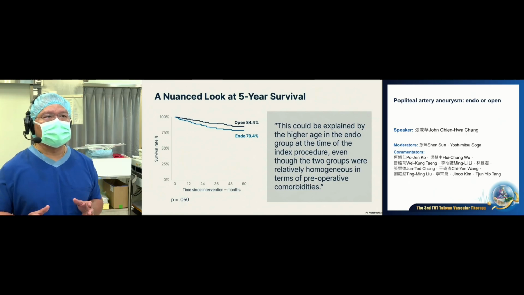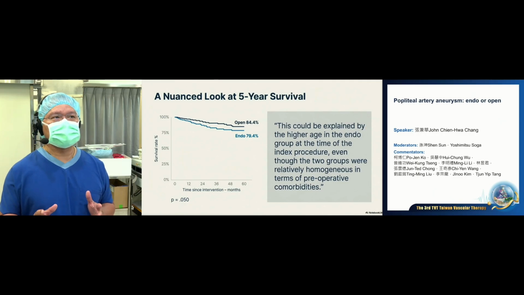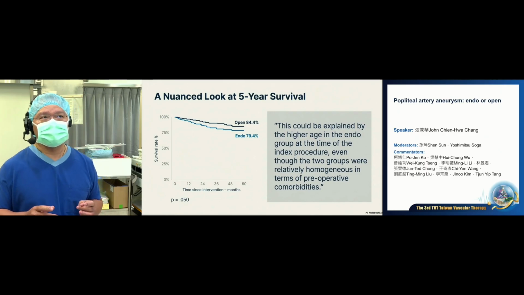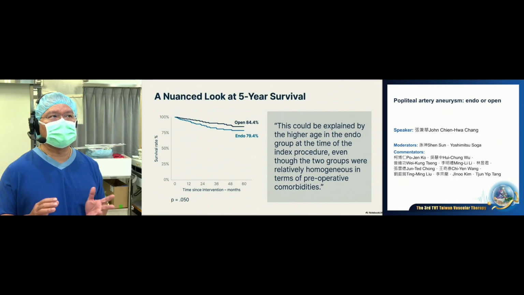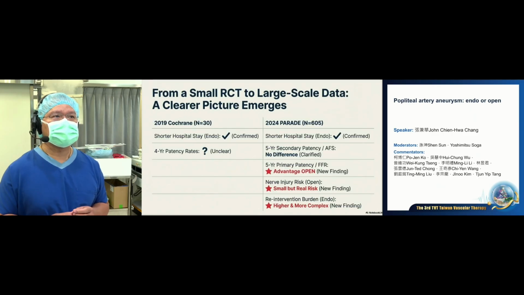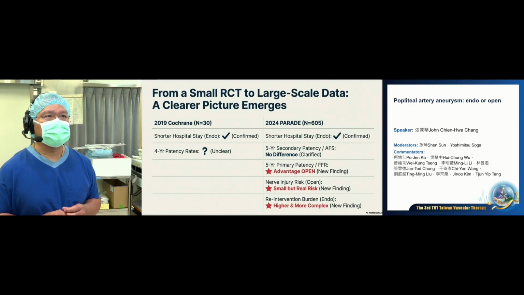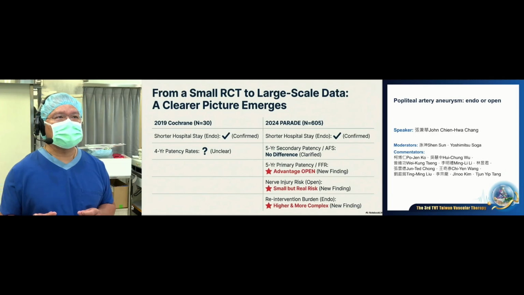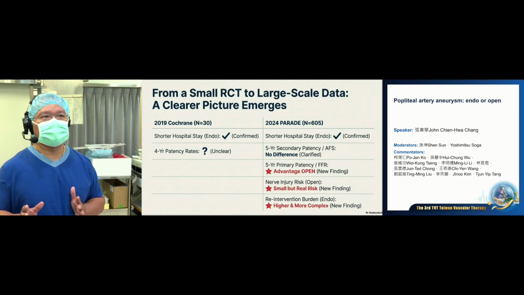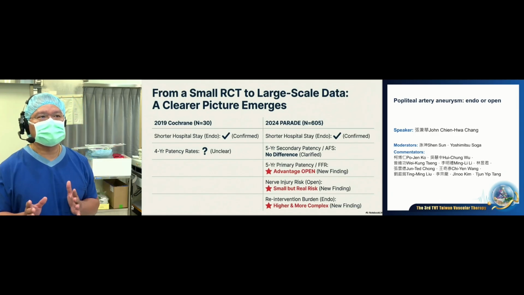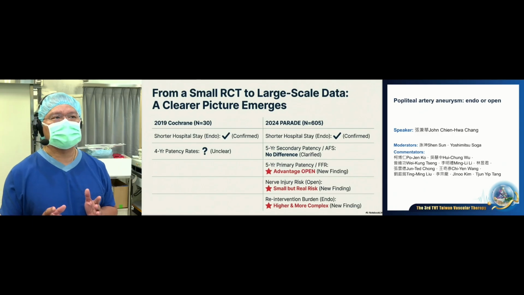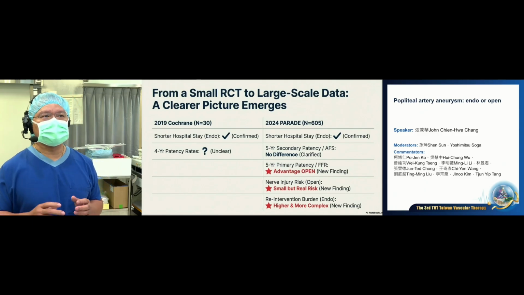As for survival, the open group is better than the endo group, but that's maybe because the open group patients are younger. So this large-scale RCT confirms the endo group has a shorter hospital stay, and the secondary patency at 5 years shows no difference between the 2 groups.